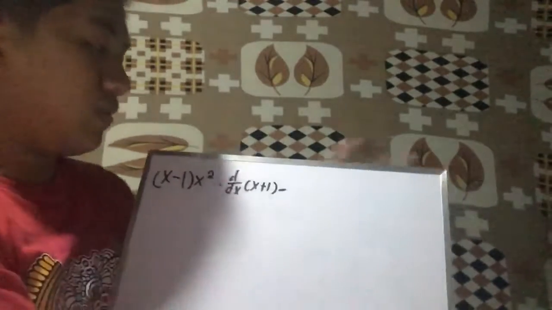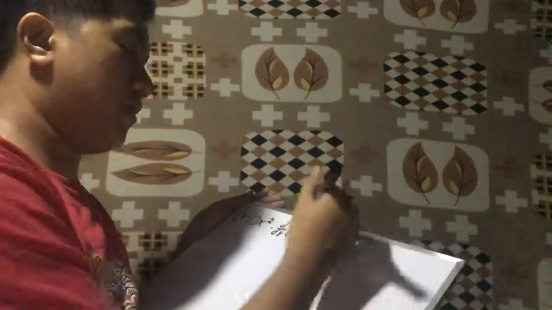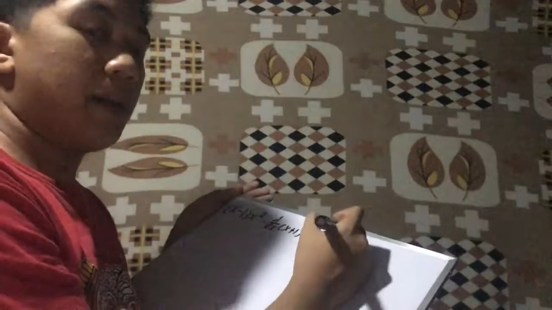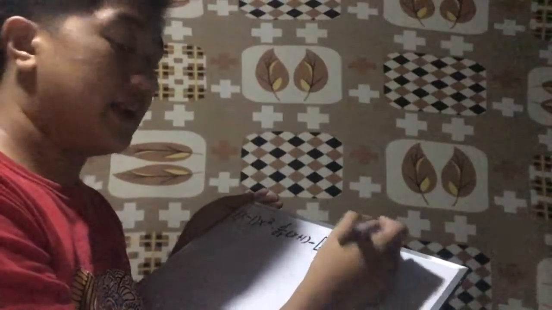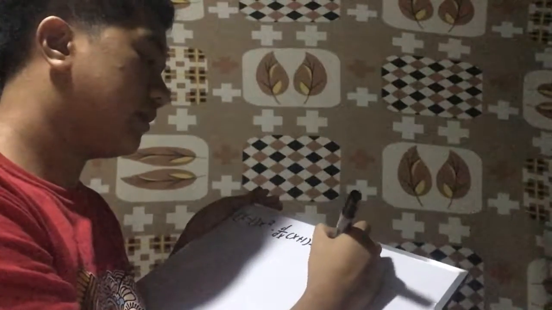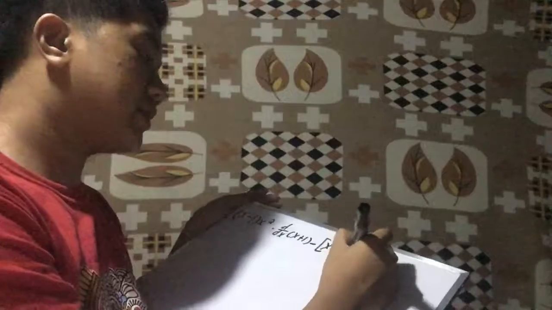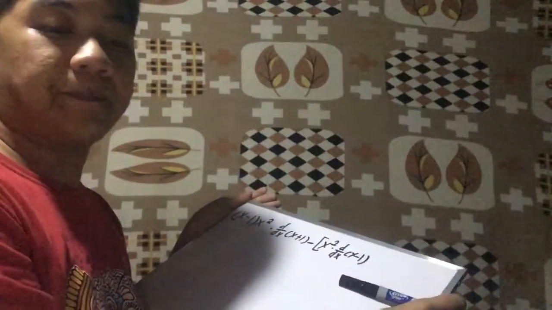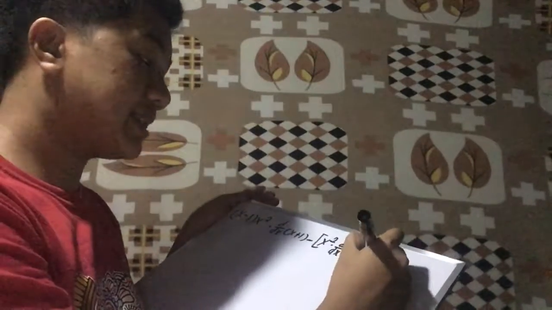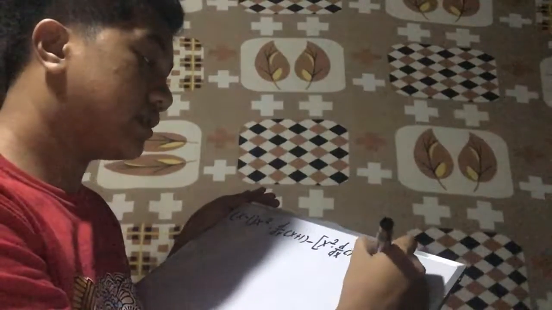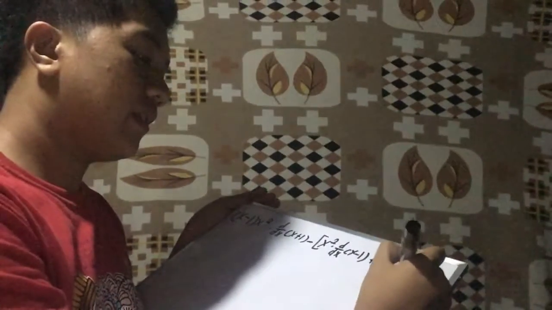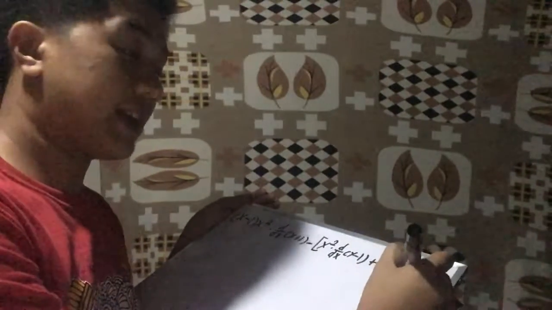So bracket, x squared multiplied by the derivative of x minus 1, plus x minus 1 multiplied by the derivative of x squared.